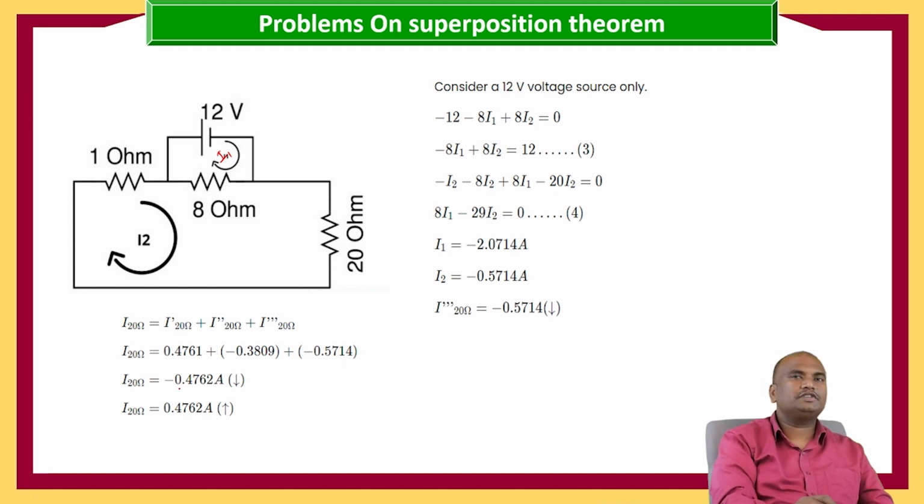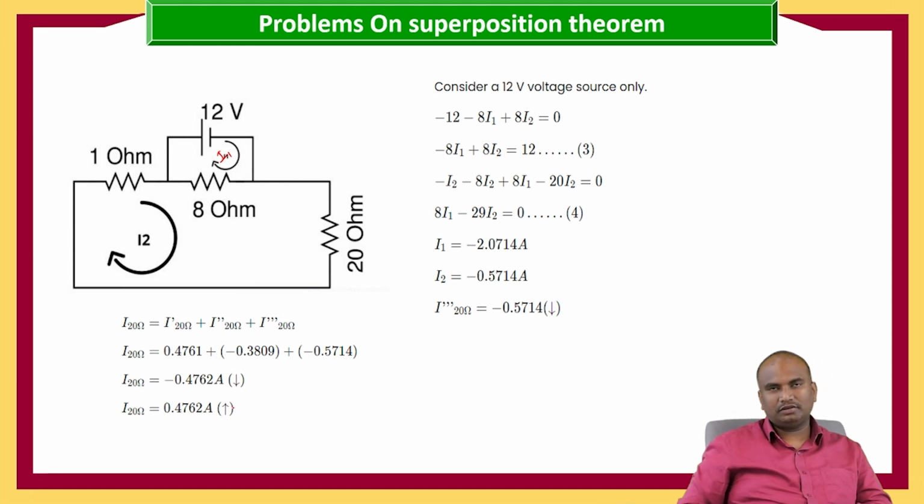So I 20 ohms is equal to minus 0.4762 in the downward direction. But when we take in the upward direction, this value will be positive. I 20 ohms is equal to 0.4762 in the upward direction.